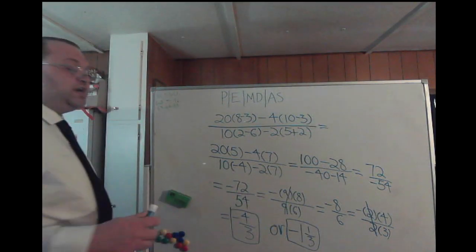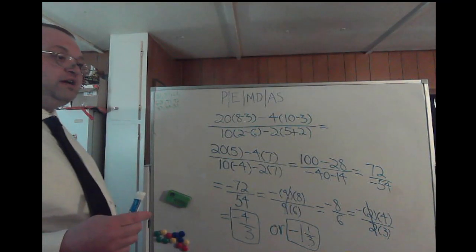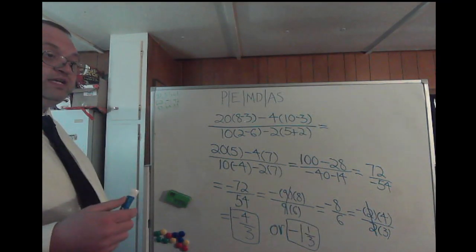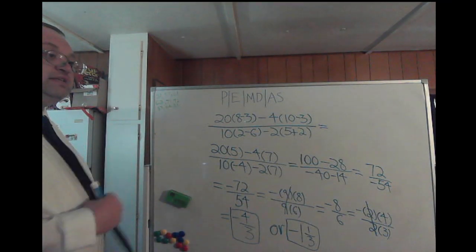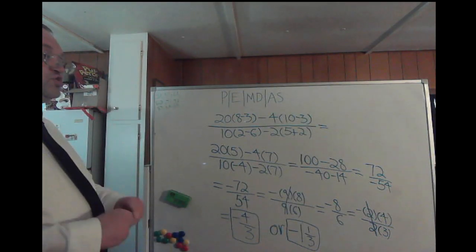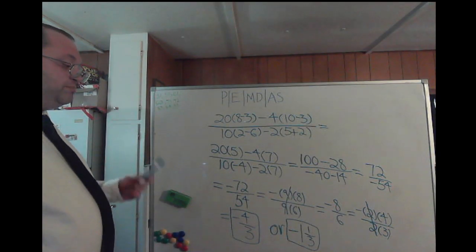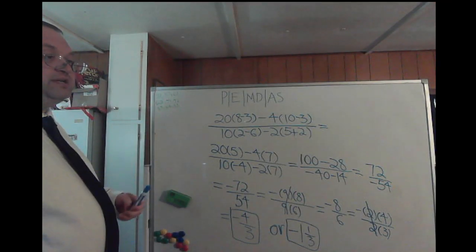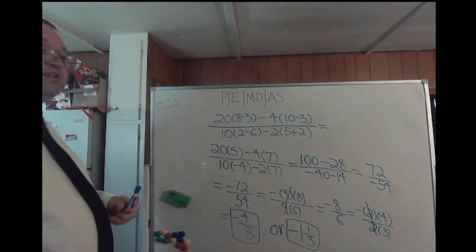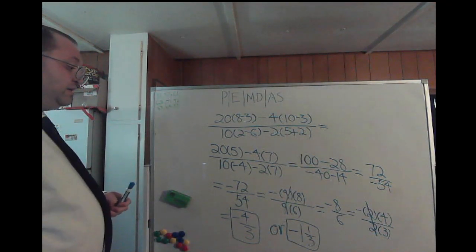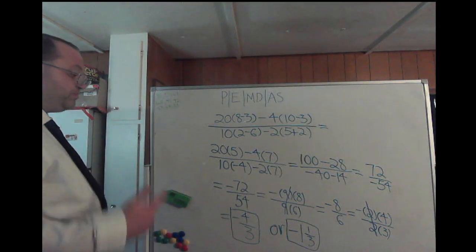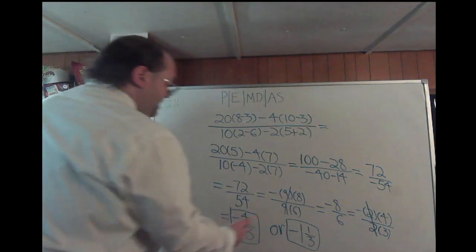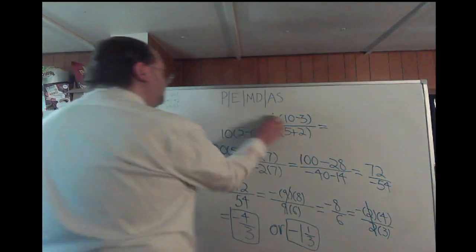If you're unsure, I do have a lesson about that earlier on the Basic 1 playlist, so if you're unsure how to convert mixed numbers into improper fractions and improper fractions to mixed numbers, please see that video. It is very helpful. But yes, so that's what you'll get, negative 4/3.